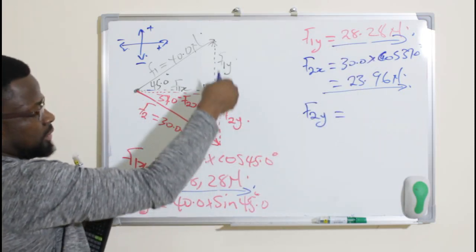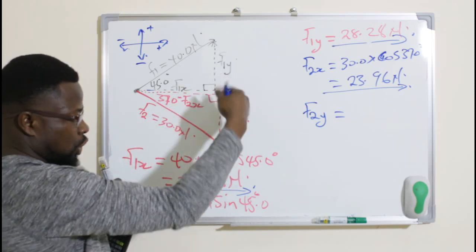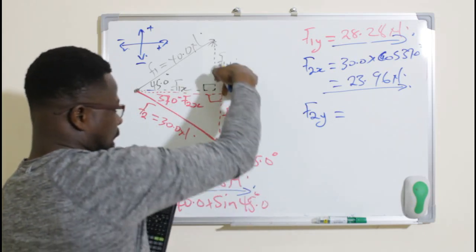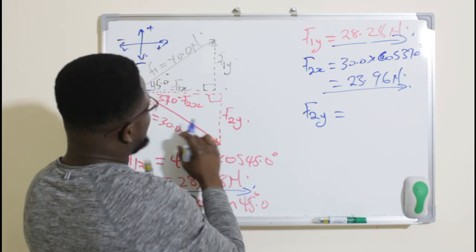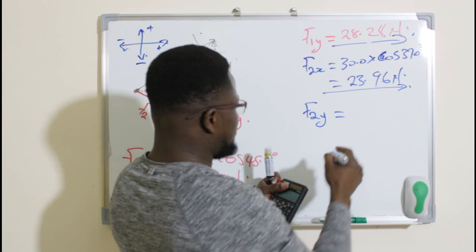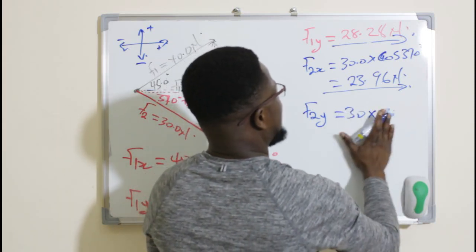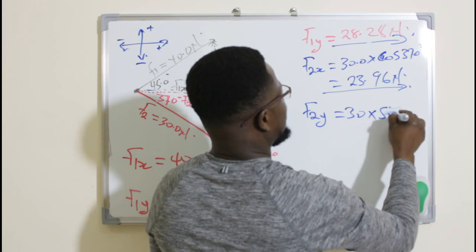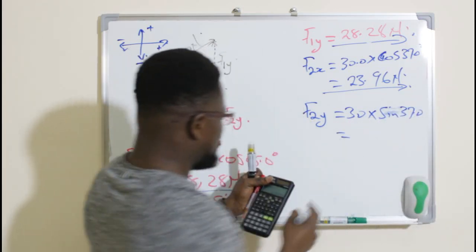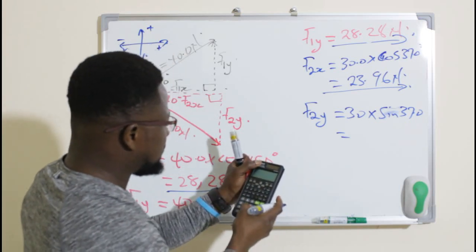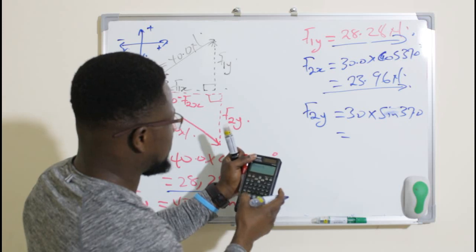Now we're going to look for this. This should be in the negative direction, so that when you're working, you will be able to understand that. Since it is in the negative direction, our answer should be negative. So this is going to give me 30 multiplied by sine 37.